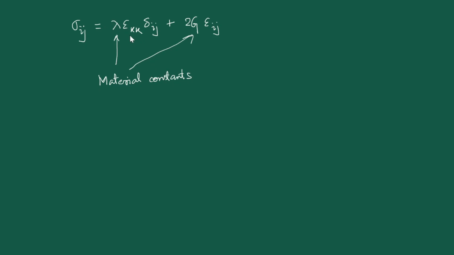Furthermore, this term epsilon kk is using the repeated index, so the expanded version of this is epsilon 11 plus epsilon 22 plus epsilon 33.